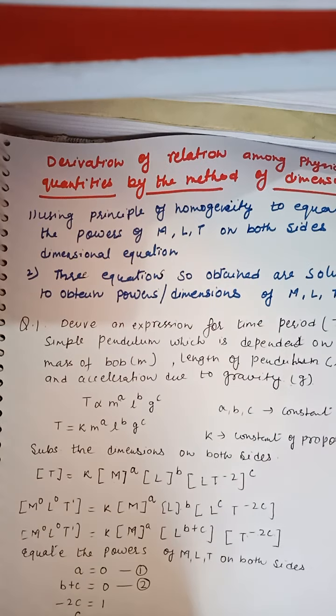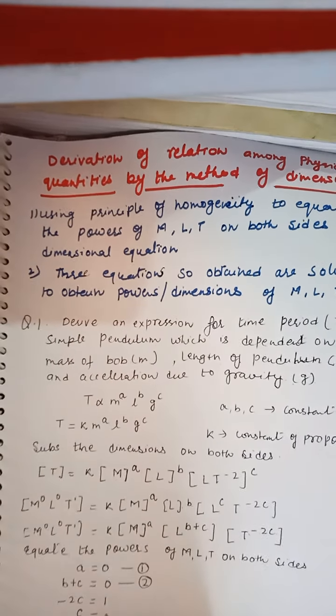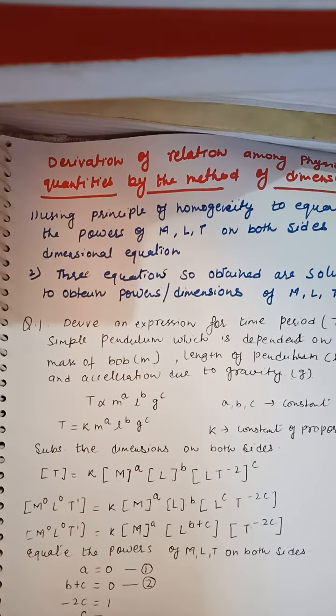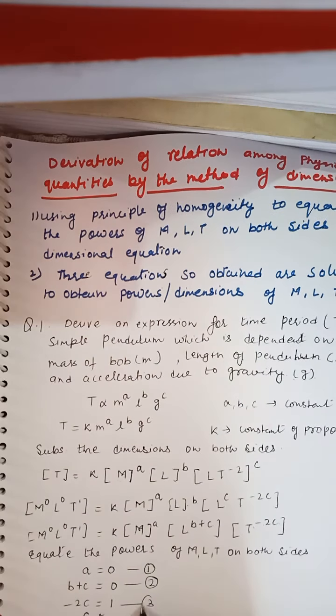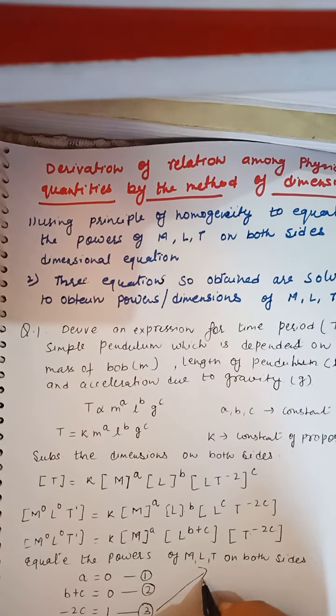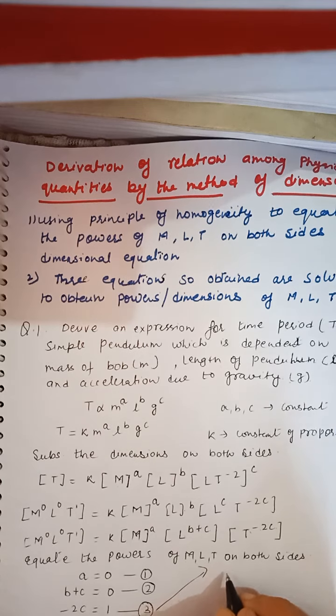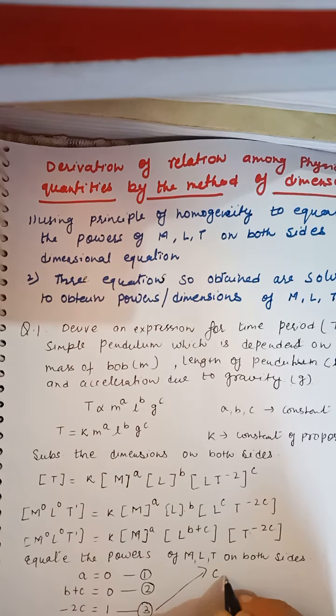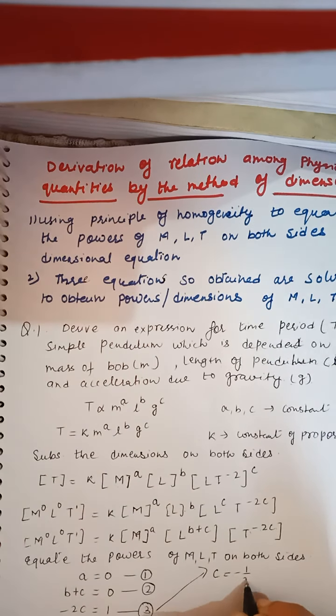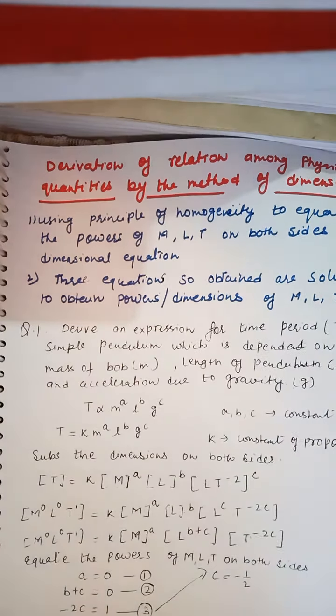This is the third equation. From this third equation you have got the relation c is equal to minus 1 by 2, because minus 2c is equal to 1.